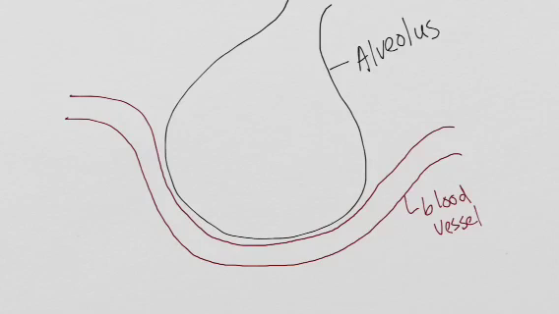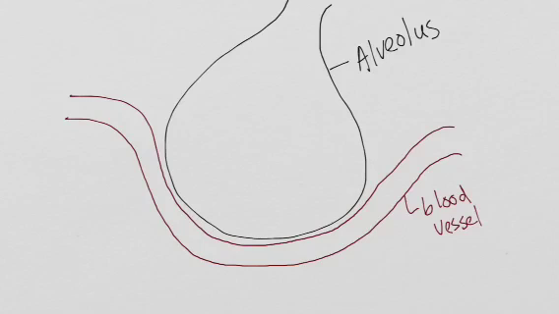Oxygen is in the alveolus and it's got to go from the alveolus to the blood vessel, and carbon dioxide coming from the rest of the cells in the body has to go from the blood vessel to the alveolus. Okay, so in the digestive system, we talked about when substances move from an area of high concentration to an area of low concentration.